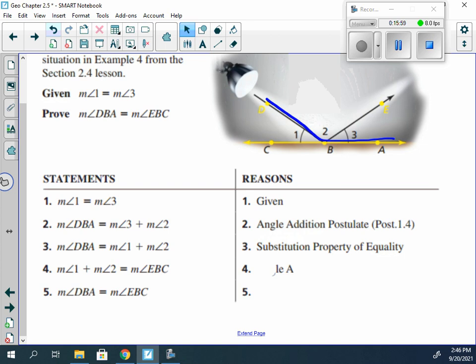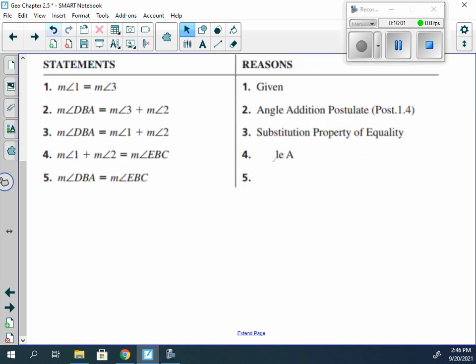Because I can scroll up. EBC would be the measure of angle 1 plus the measure of angle 2. That's what we can see in the picture, yes? And our postulate for this would be the angle addition postulate.